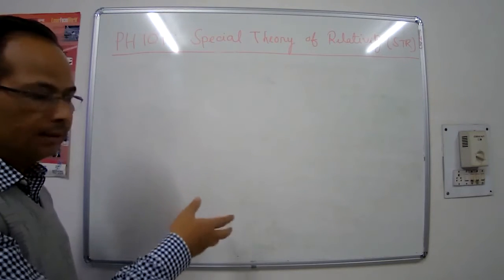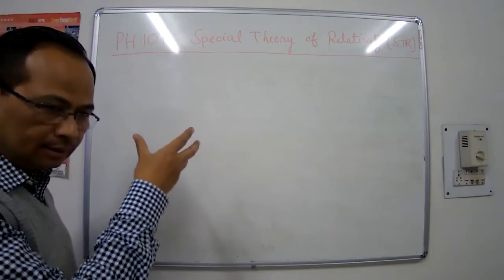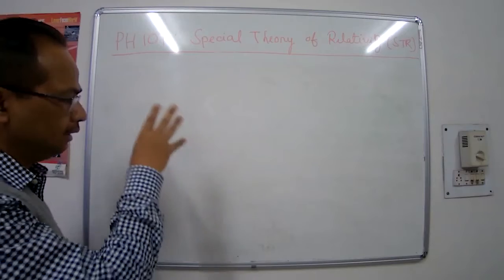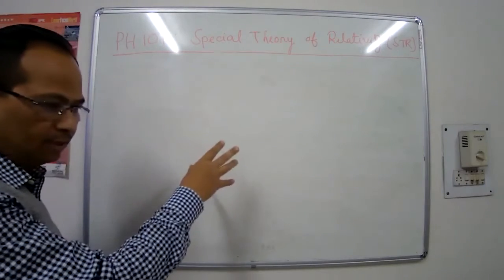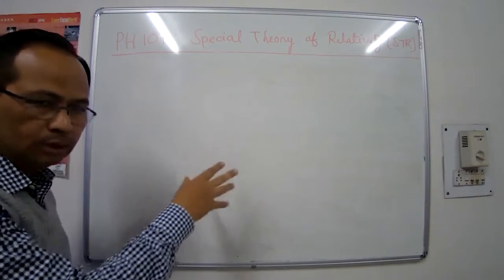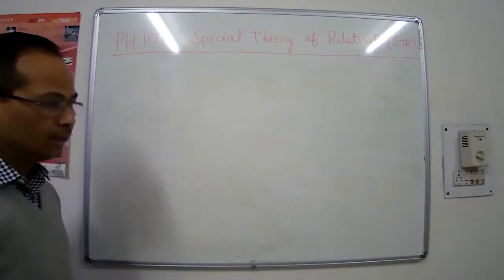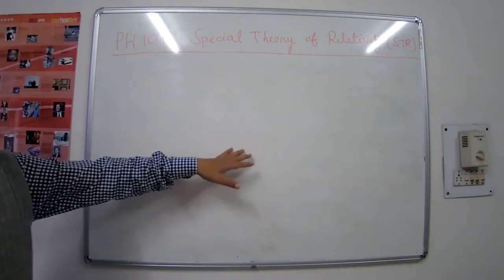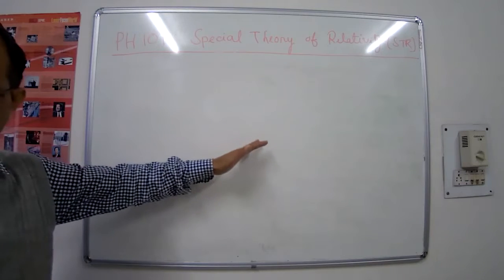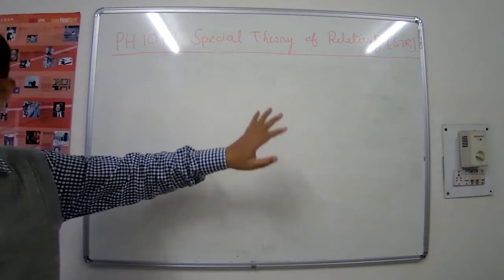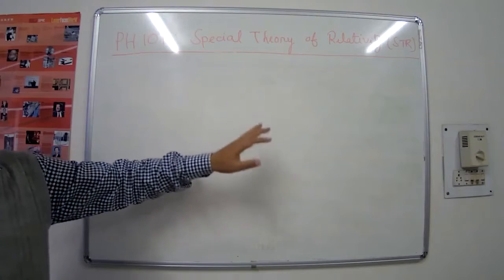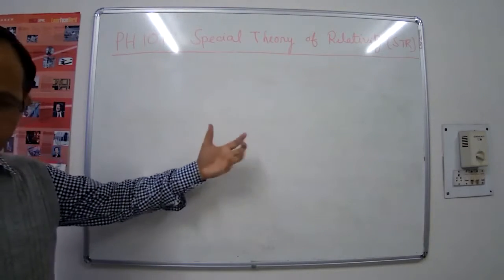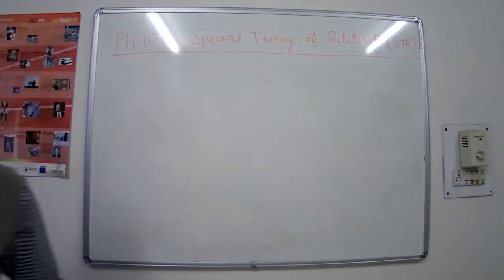Actually, another, better way of telling is that the moving frame of reference is moving with a constant velocity, so that you understand that the direction is not getting changed. So constant speed without changing the direction, or constant velocity, is needed for the moving frame of reference.